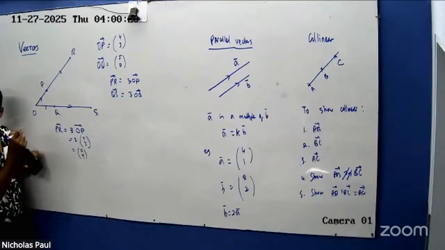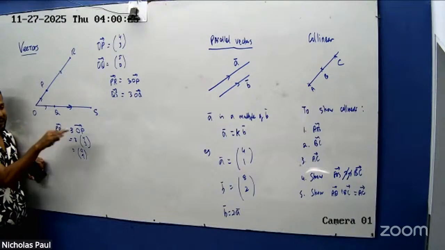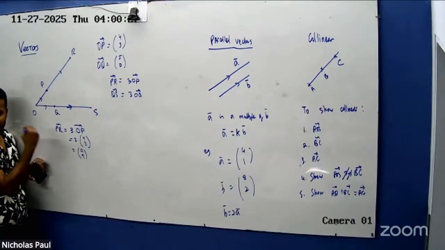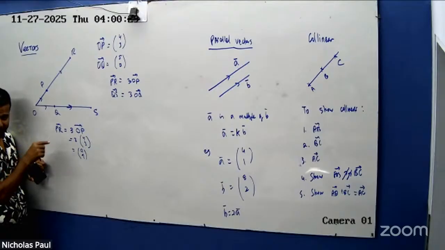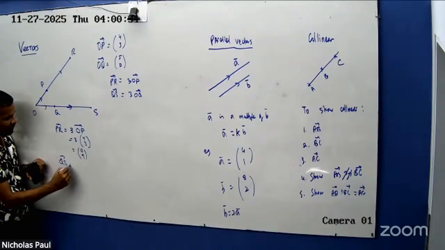Can I do the same thing and find QS? And on your diagram, always put the arrow direction. Because when you go with the arrow, positive, against the arrow, negative. Right? So what will QS be, Michael? What will QS be?